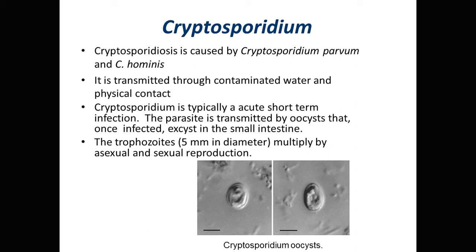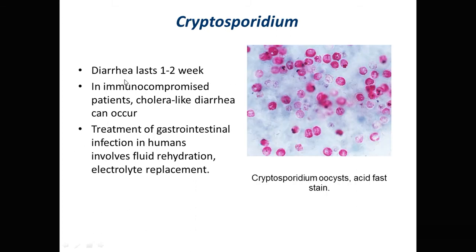In healthy people, it is usually a short-lasting infection. The parasite is transmitted through oocysts that we see here, and this oocyst excysts in the small intestines and forms trophozoites, and trophozoites multiply and cause damage.